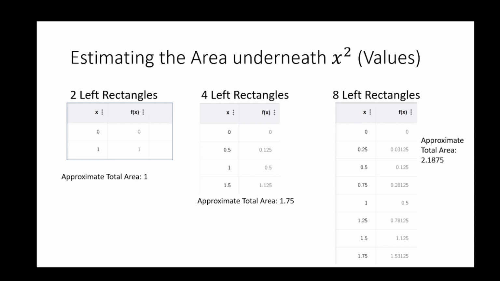For the first one, the value at 0 is not used, so we have only one value, which is 1 squared times 1, which is 1. For the second, we have 4 rectangles: the first is 0, the second is half squared times half, the third is 1 squared times half, and the last is 1.5 squared times half.